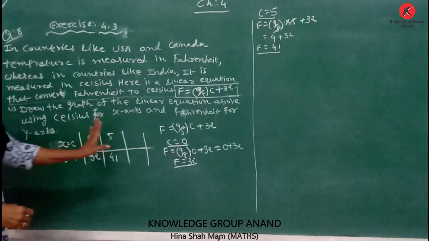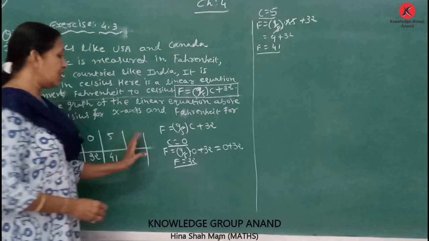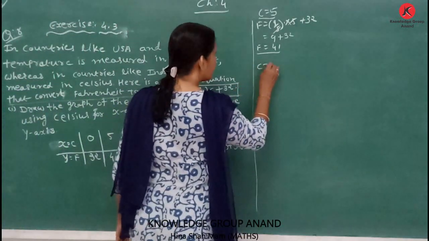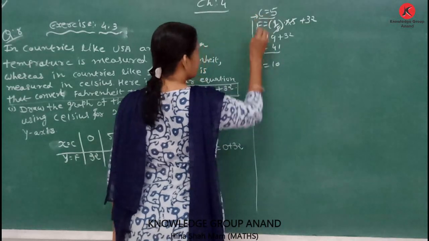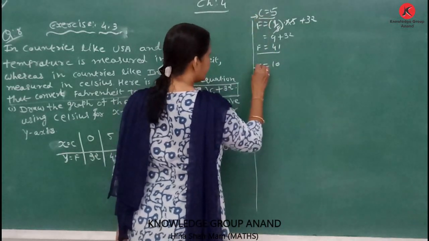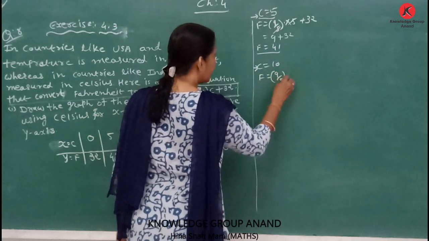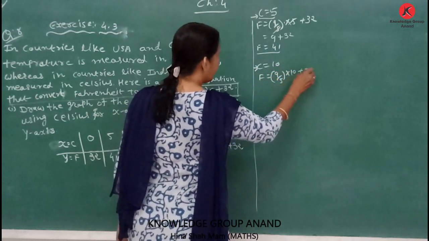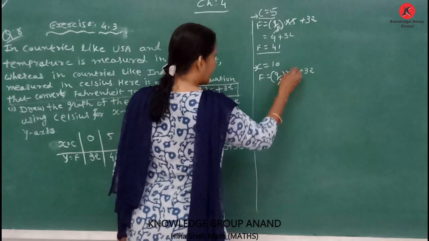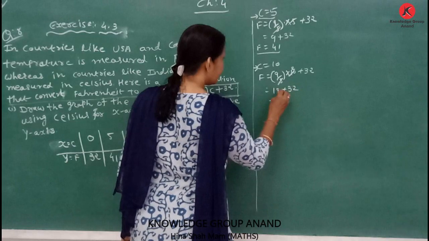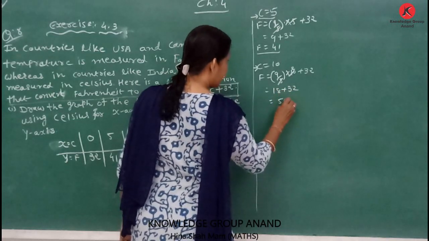Other value, suppose we want other value, taking multiples of 5. Here C is equal to 10. F is equal to 9/5 into 10 plus 32, which is 18 plus 32, 50.